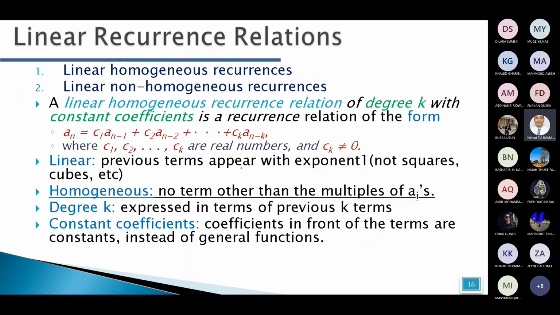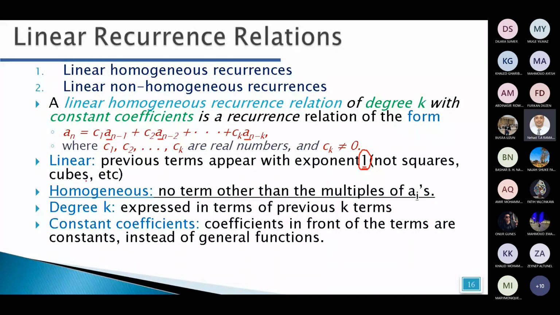I already showed you what's the meaning of linear. So linear means this equation, or this recurrence relation, has only exponent of 1. This means all of the a's are with exponent 1.